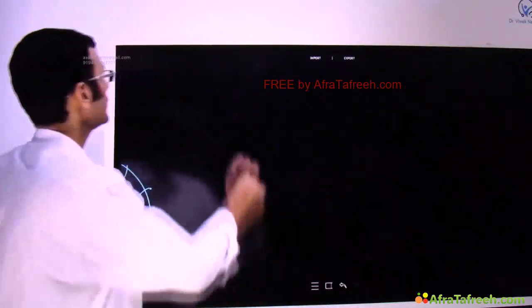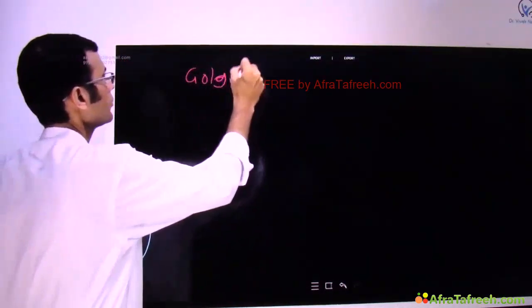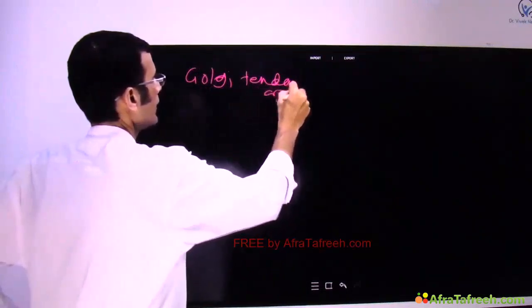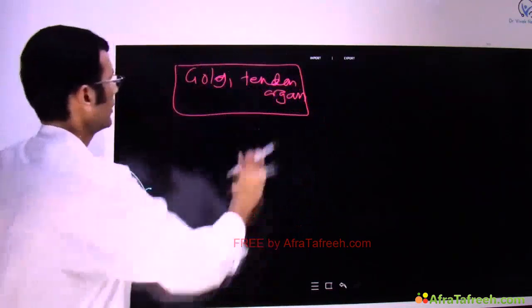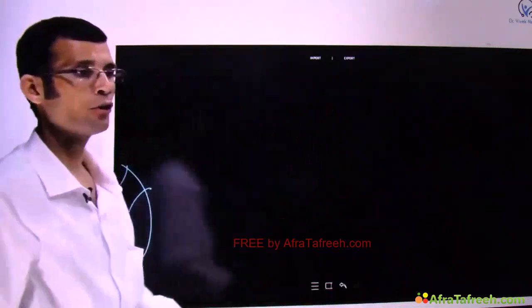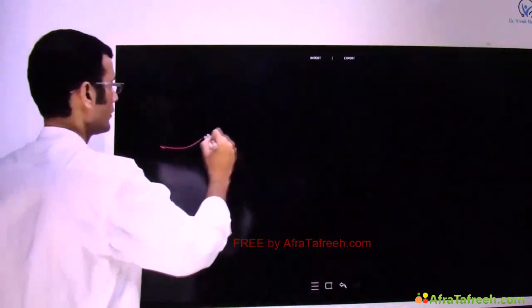Let us discuss the other proprioceptor in the muscle, and that is the Golgi tendon organ. Situated in the tendon of the muscle with a ratio of 1:20 with the tendon fibers.